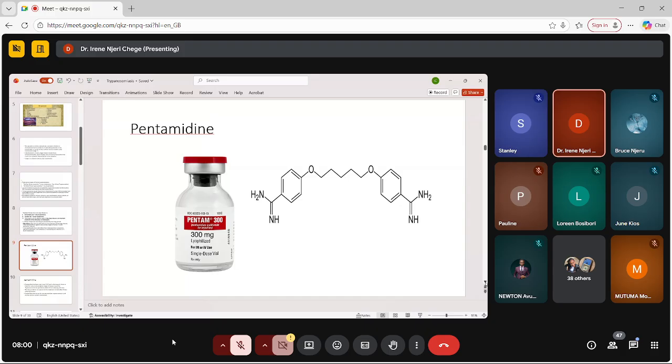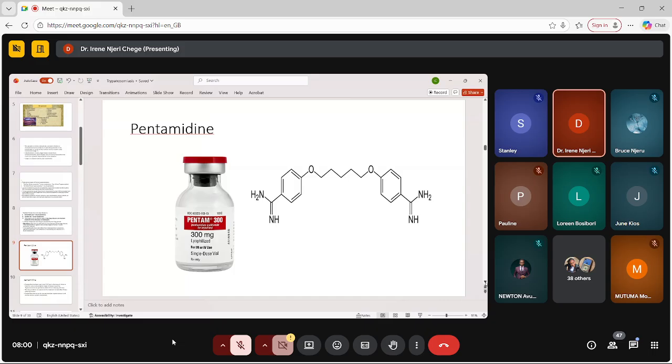But now in an academic setting, you will say that the proposed mode of action is, you can check the book, that it can concentrate in the cells and form highly reactive molecules that can affect the parasite.